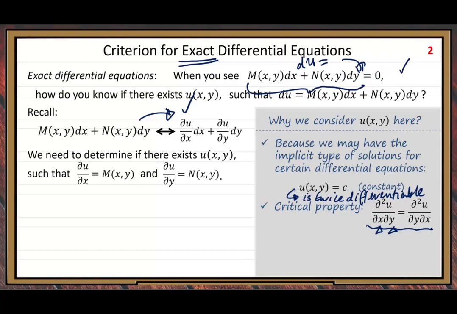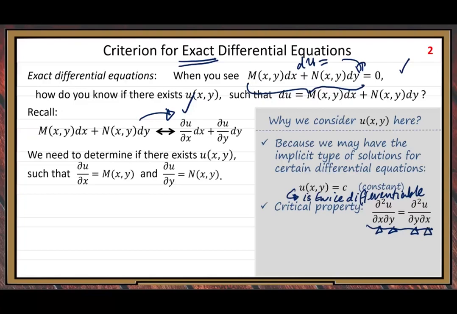Then on the right-hand side expression, you change the order of the variables. The first time you take partial derivative with respect to y, the second time with x.